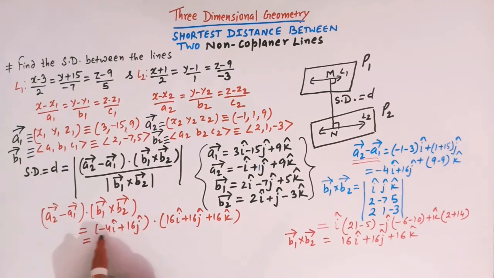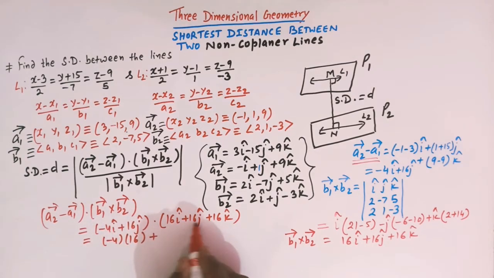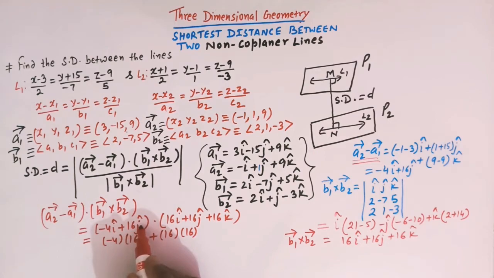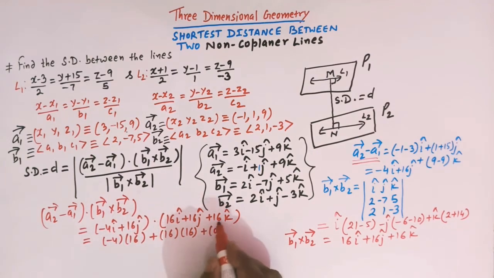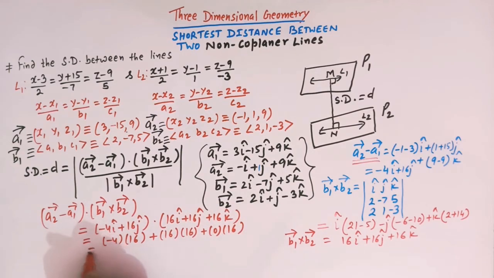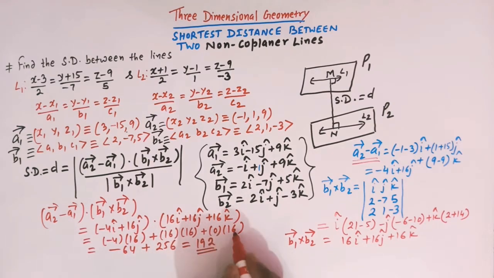We take the i components, minus 4 and 16, then the j components, 16 and 16, and here we do not have any k component, so we write 0 and 16. So this is minus 64, and 16 times 16 is 256, and 256 minus 64 is 192. And 0 times 16 is 0.